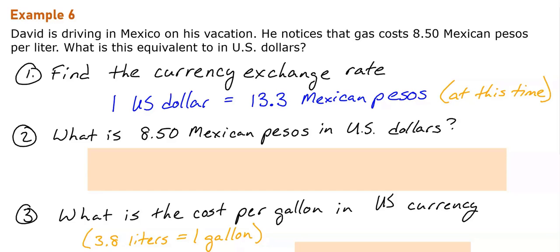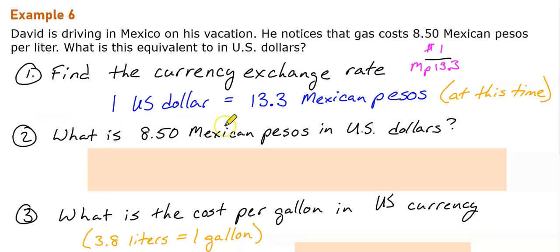So, like before, we can set up a proportion where the dollars are on top and the Mexican pesos are on the bottom. Because I know I often get confused whether to multiply or divide, I find it easier often to set it up as a proportion.